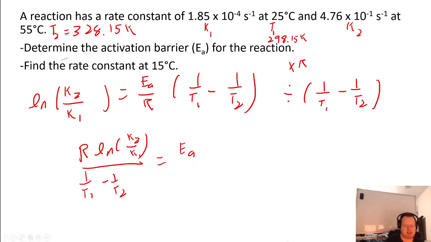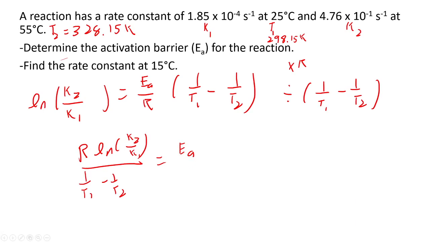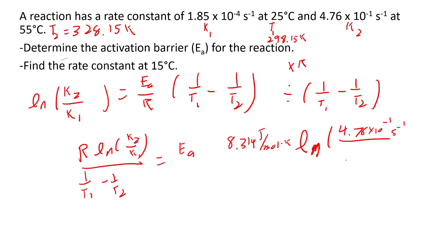Now I'm going to plug some numbers in, and my camera's going to go away so I don't accidentally block the numbers. When I plug things in, R is going to be 8.314 joules per mole Kelvin. We're going to multiply that by the natural log of, let's see, our K2 was 4.76 times 10 to the negative 1 s negative 1, and then our K1 was 1.85 times 10 to the negative 4th.